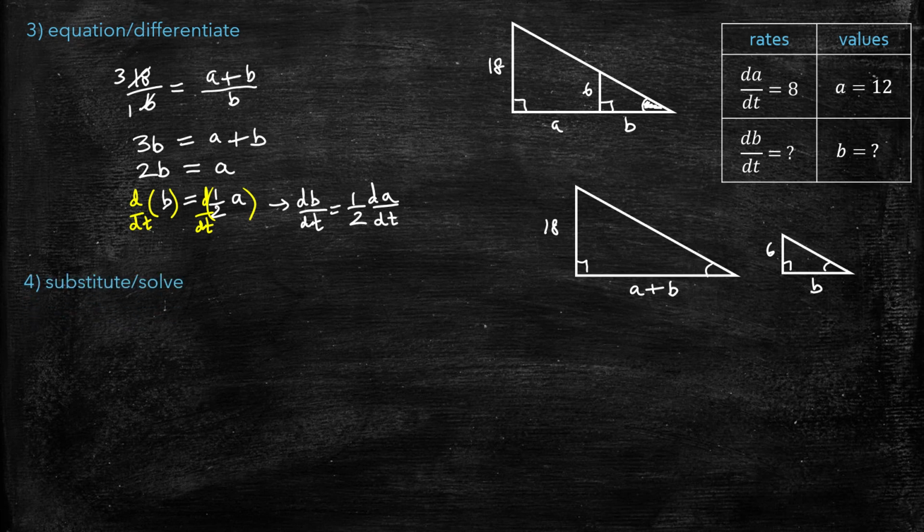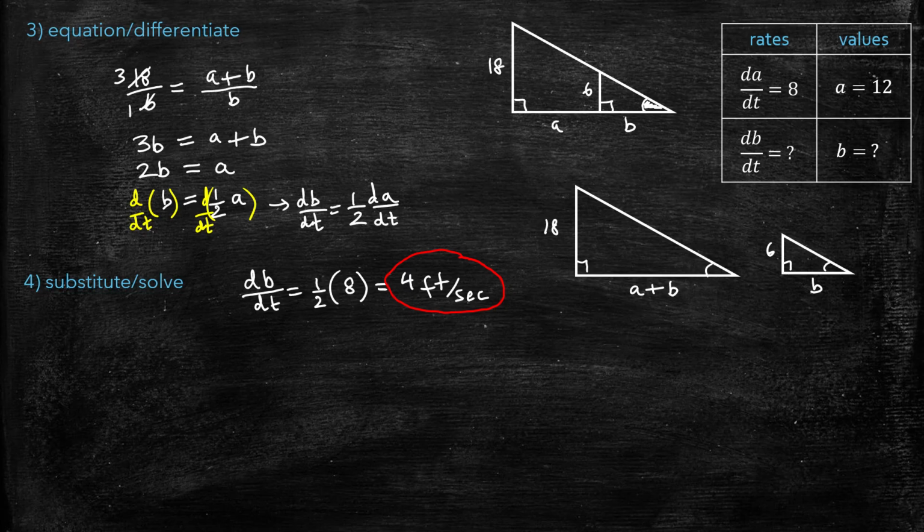So now we're at the point where we can substitute and solve. dB by dt equals 1/2, dA by dt was 8. So we find out that his shadow is lengthening at a constant speed of 4 feet per second. I say constant because obviously it's independent of how far he is from the lamppost, because A is not involved. So that is the final answer.